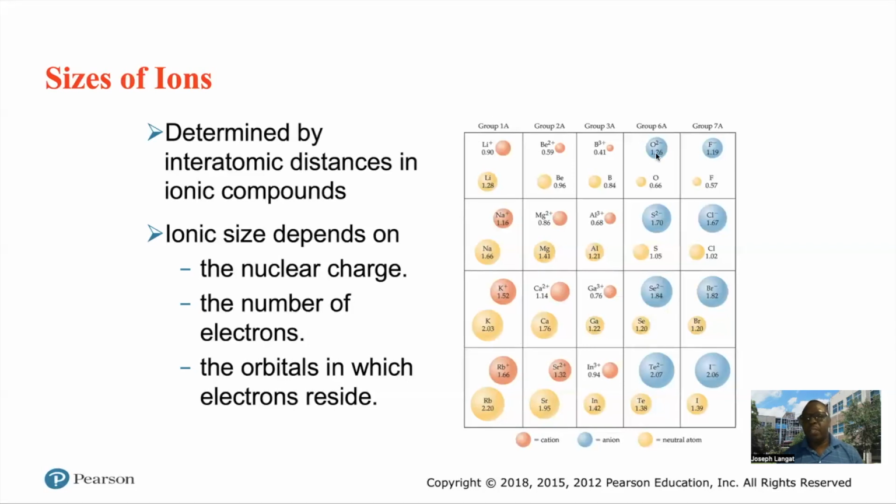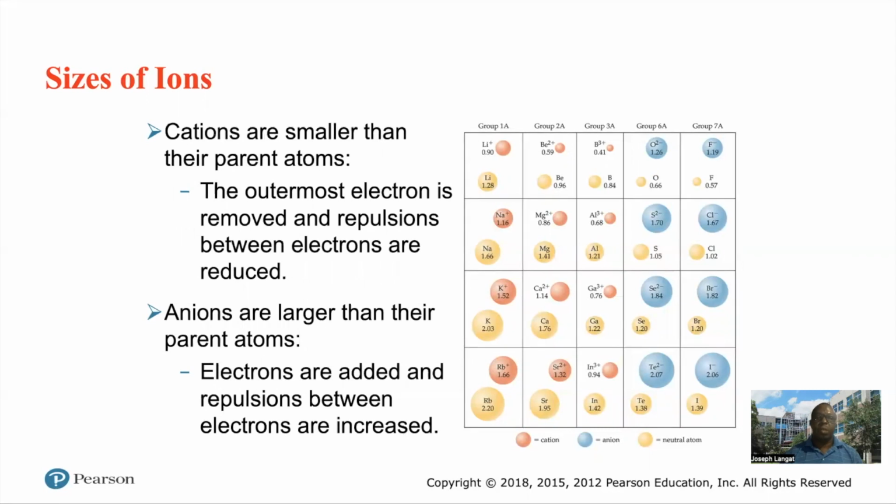For anions, it's the opposite. Anions, which are negatively charged, are always larger compared to the parent atoms. For oxygen and fluorine, these anions have a larger atomic radius because when they gain electrons, their radius keeps on increasing. You have to be careful with cations and anions.